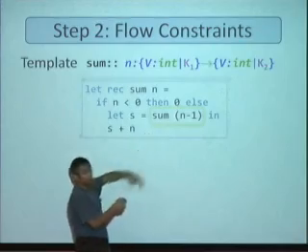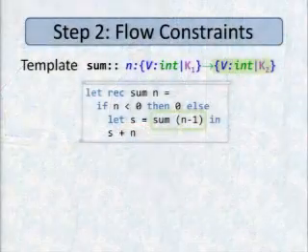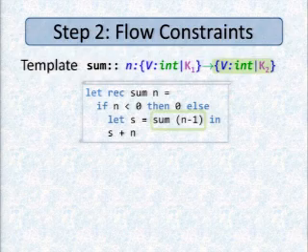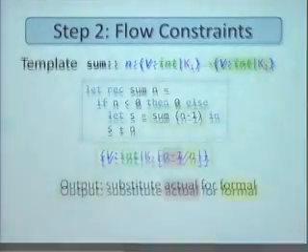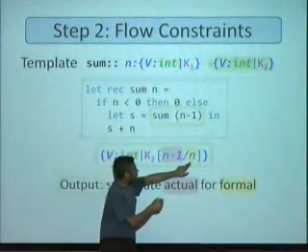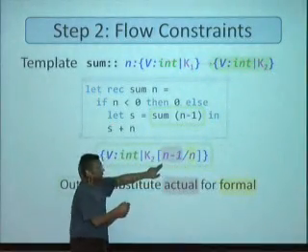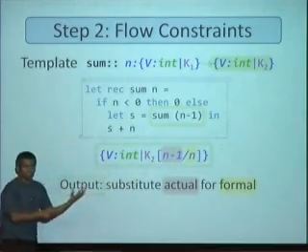What is the type of the output of this recursive call? Well, we know that the output of sum is of type K2. And so the type of this expression is simply K2, which is the output, with the formal n replaced with the actual n minus 1. If you're familiar with VC gen, this is quite standard.